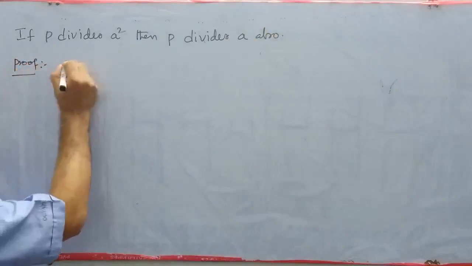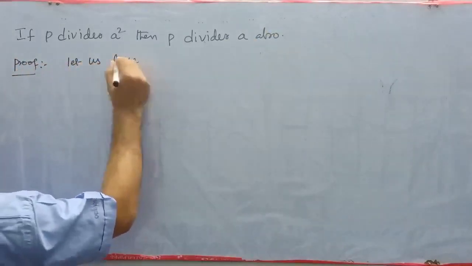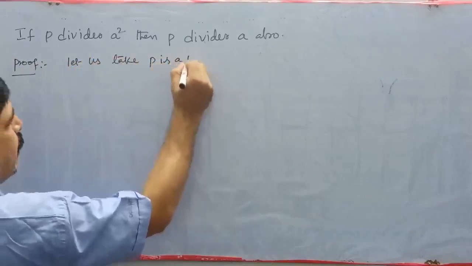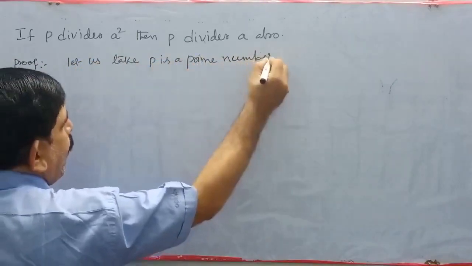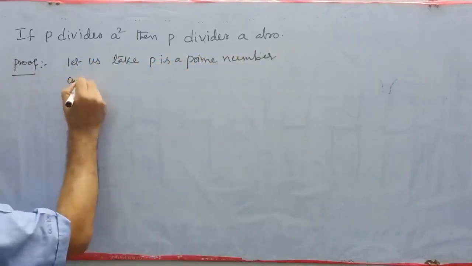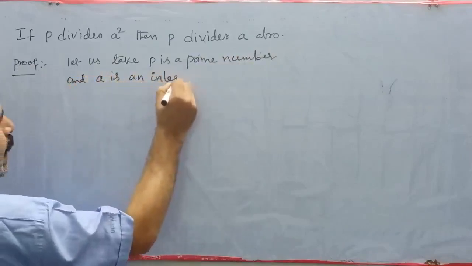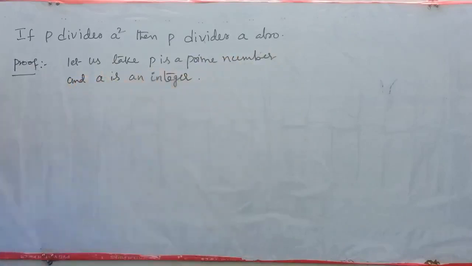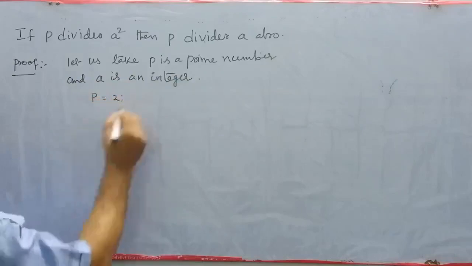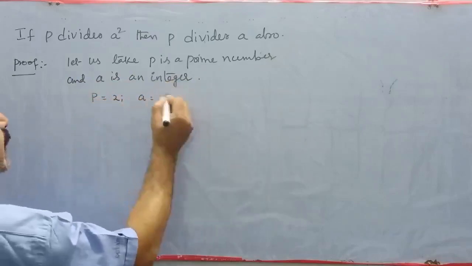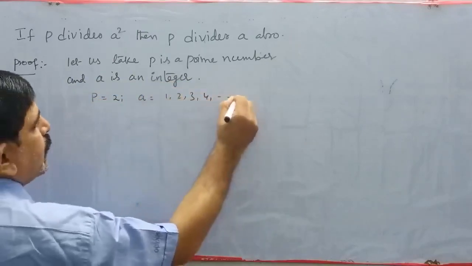Okay, so for the proof, let us take P is a prime number and A is an integer. Let us suppose P is equal to 2 and A is any number, that is 1, 2, 3, 4 and so on.